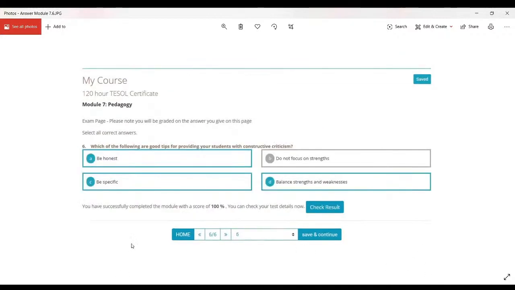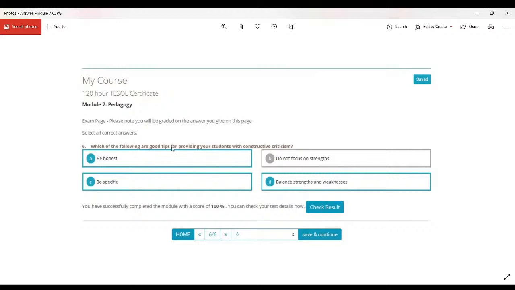Number 6, which of the following are good tips for providing your students with constructive criticism? Okay, there are 3 answers. Letter A, be honest. Letter C, be specific. And letter D, balance strengths and weaknesses. Okay, we already know all about this, right?